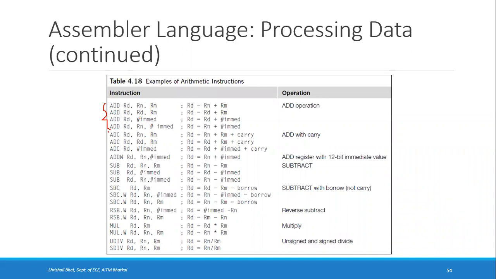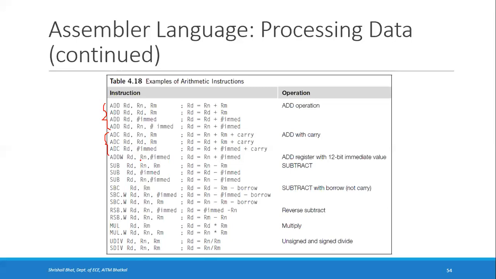Suppose you want to add carry also, then you have the instruction ADC. ADC means add Rn and Rm plus carry flag, then store the result in Rd. Similarly, Rd and Rm plus carry, store the result in Rd. Rd with immediate data, with carry, store the result in Rd. Then ADDW means ADD Wide. It's a wide instruction.